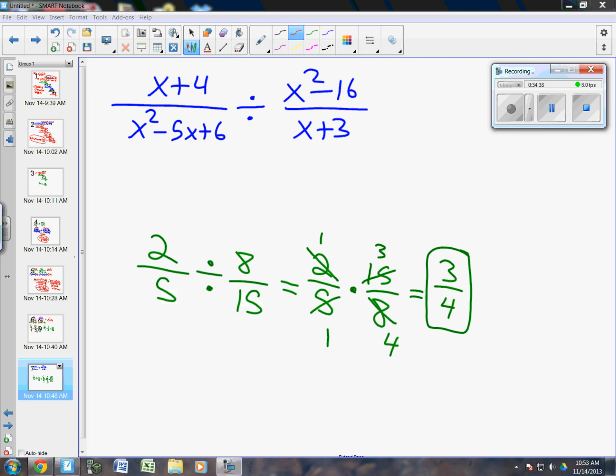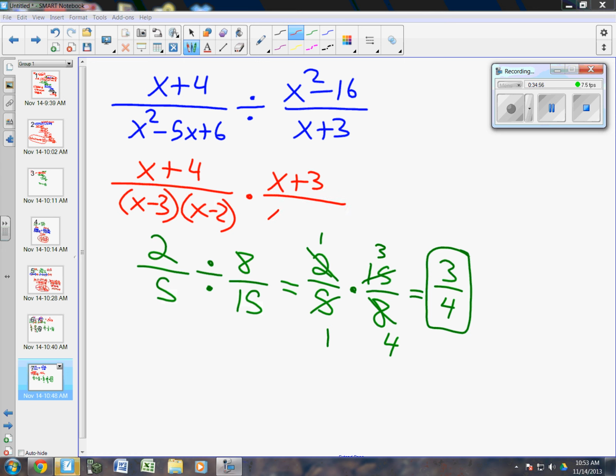So this one right here, we're going to have x plus 4, and then the bottom's going to factor to be what? And you're going to times that by this one flipped over, x plus 3 over x plus 4, right?